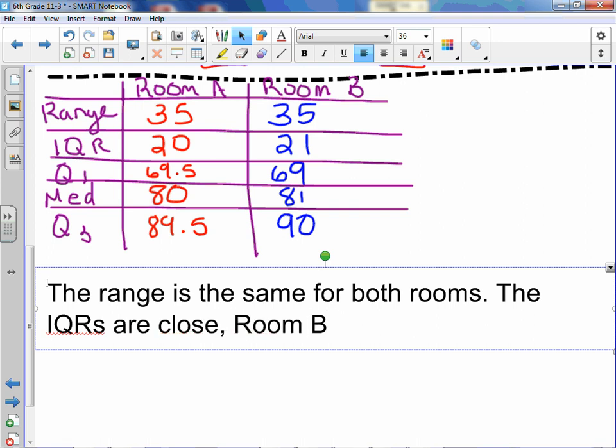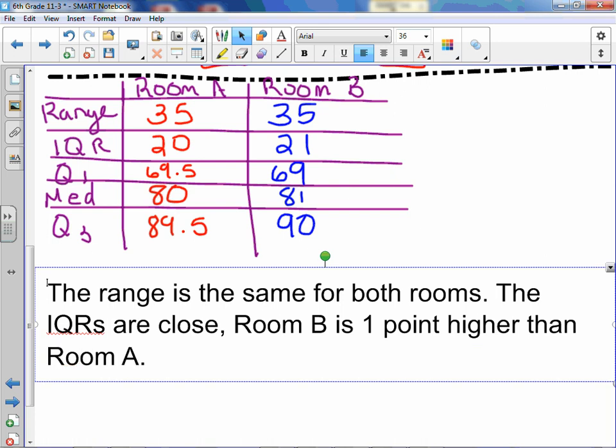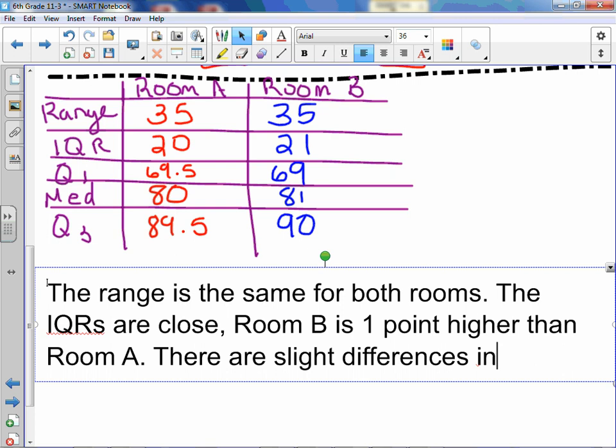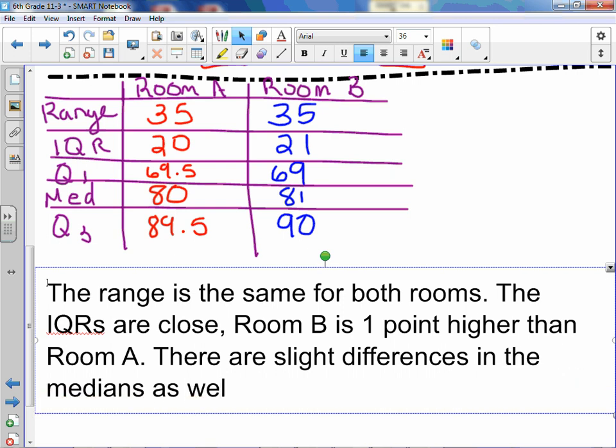Room B is 1 point higher than room A. And I can just generalize the rest and say there are slight differences in the medians as well as the first and third quartiles.